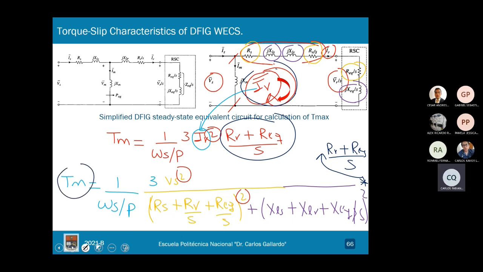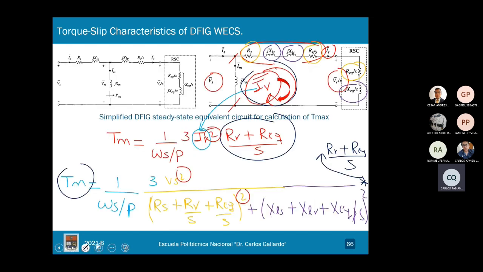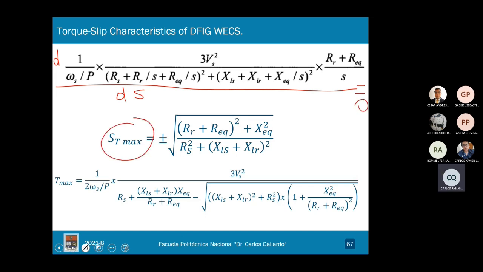So I take the derivative in order to compute the maximum torque and the maximum slip. So this is the equation of the mechanical torque, the electromagnetic torque. Taking the derivative of this equation with respect to the slip, and setting it equal to 0, I will get the maximum slip.